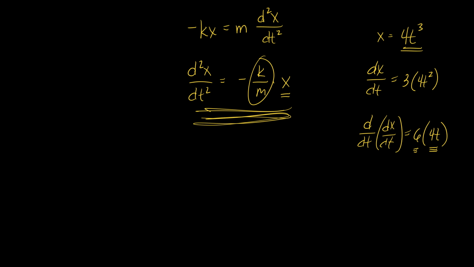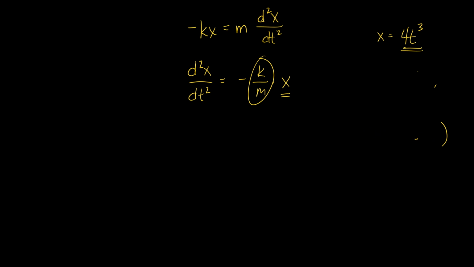Can you think of a function that when you take the derivative, you get back the original function? Some of you got to know. Yeah? e to the x. Let's start with that.